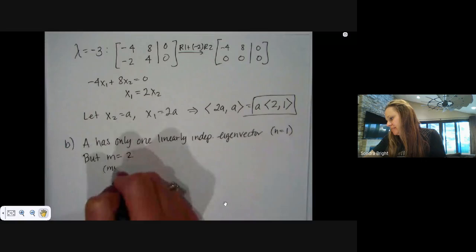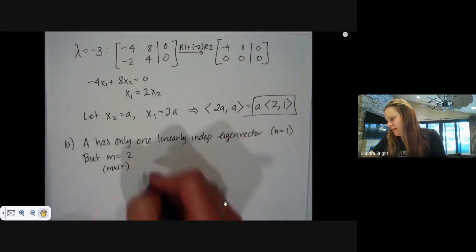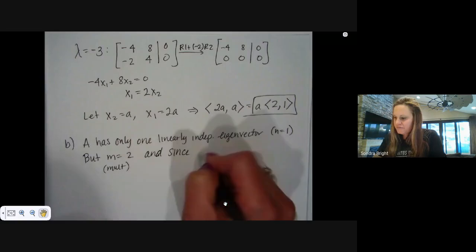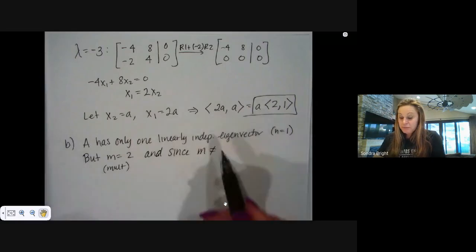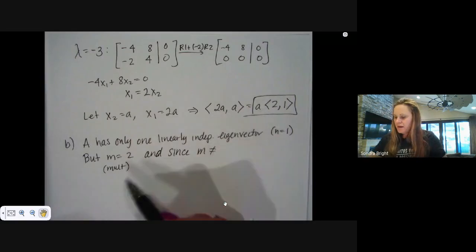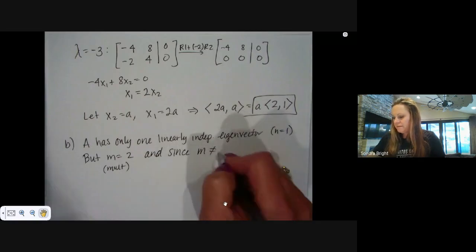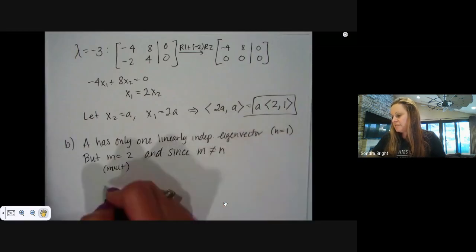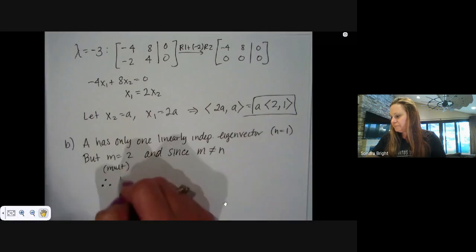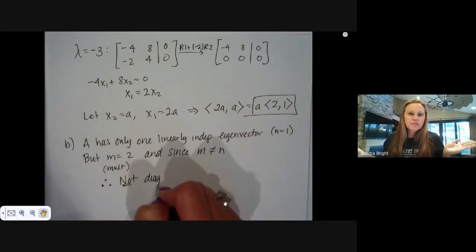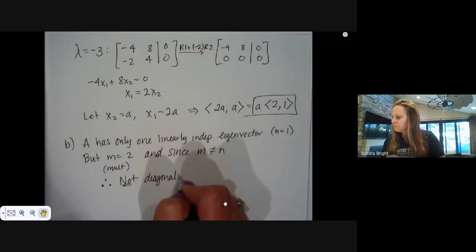And since m is not equal to n, the number of linearly independent eigenvectors does not match the multiplicity. And since they're not equal, it is not diagonalizable. And so we can't even do part C because this one's not diagonalizable.